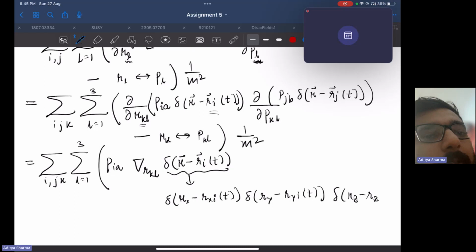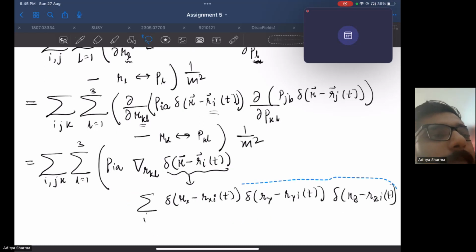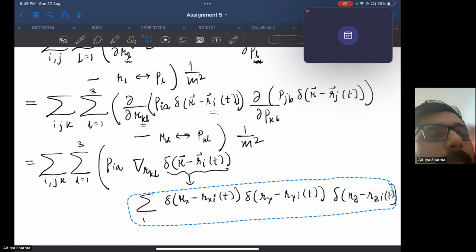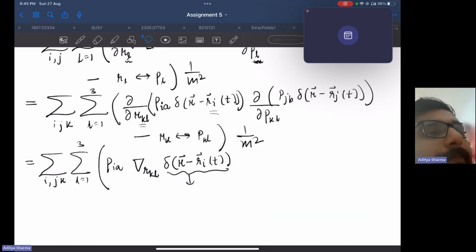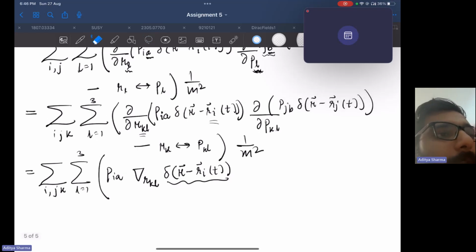And this is summed over i, which is the particle. So, bearing this in mind, when I write this k, L, when I take the derivative, I'm not concerned about which particle this actually is.